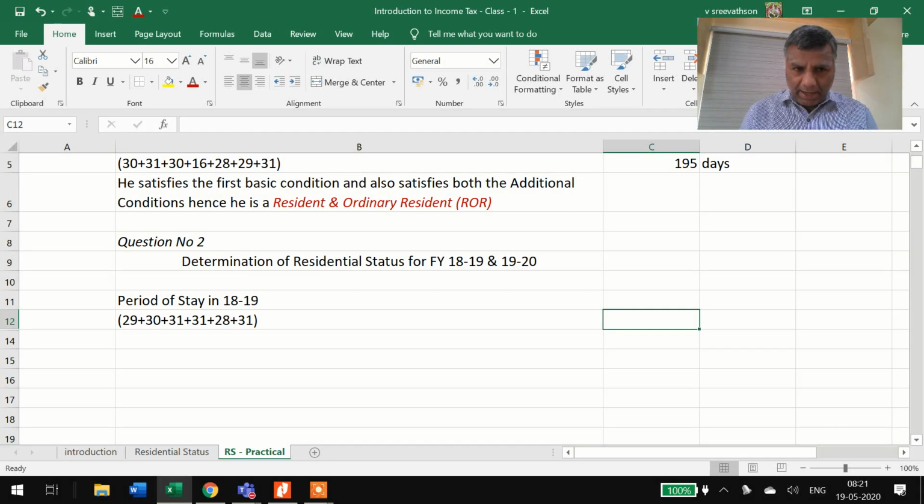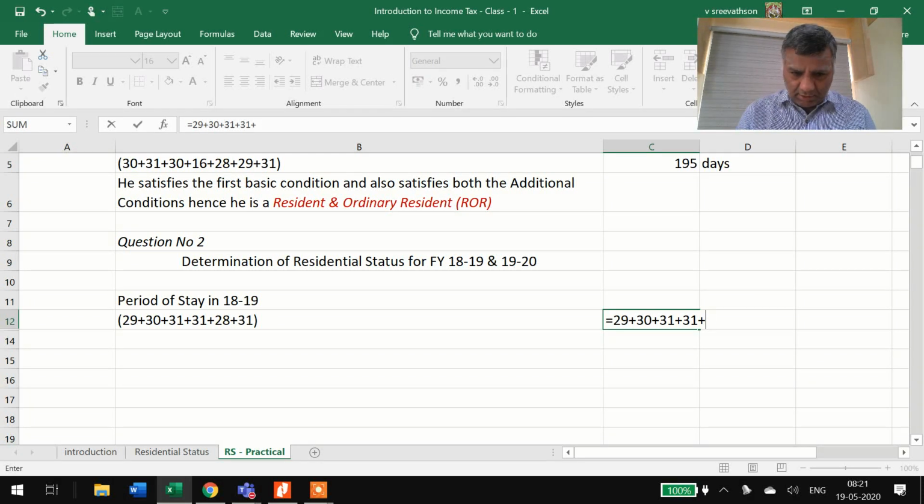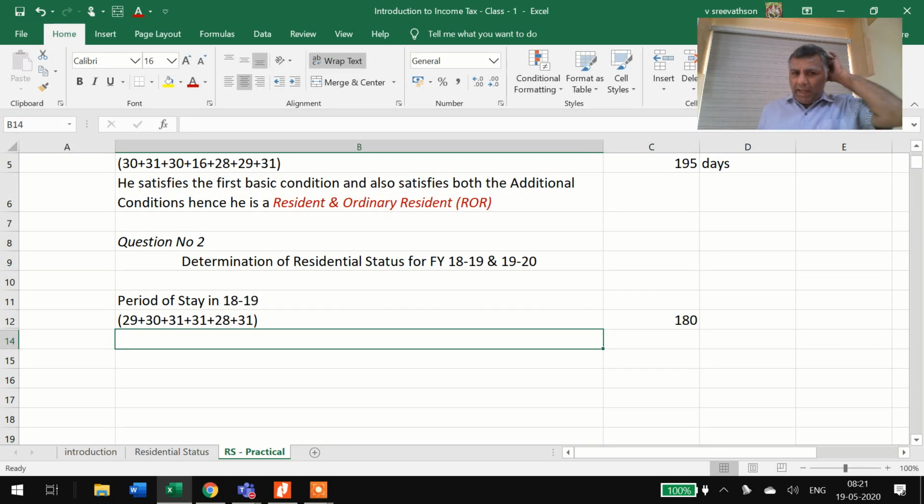My dear friends, 29 plus 30, that is November, December, Jan, Feb, this is Feb 2019, so 28 days, and March. That is 180 days in the financial year 1819.